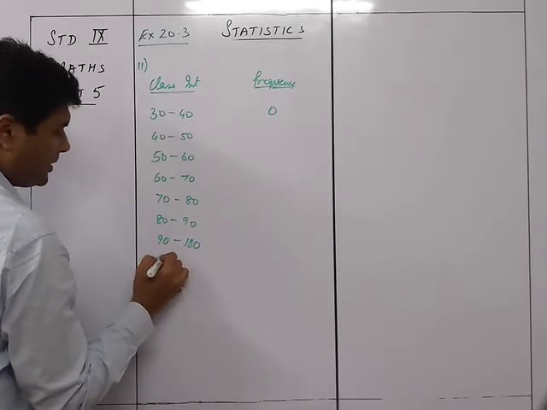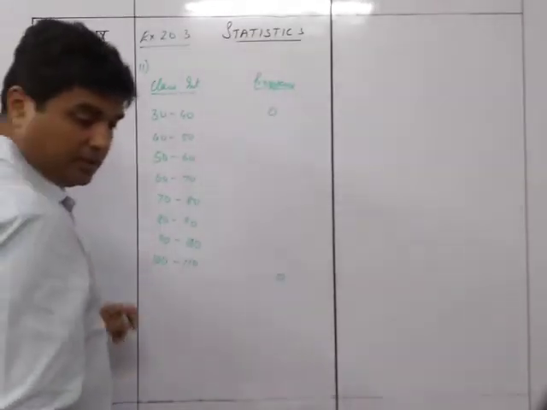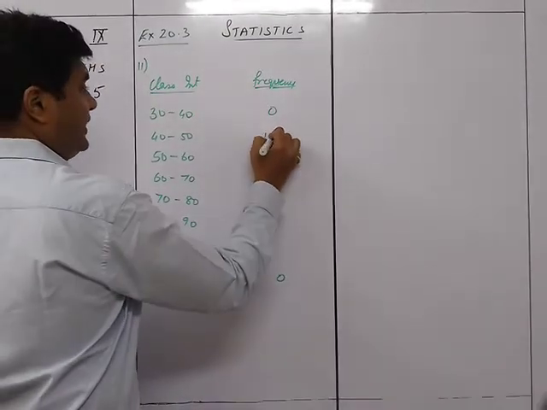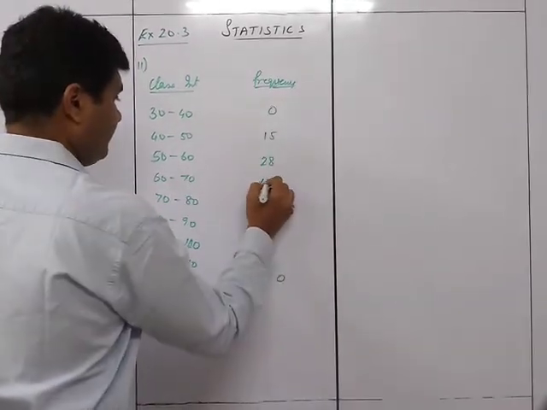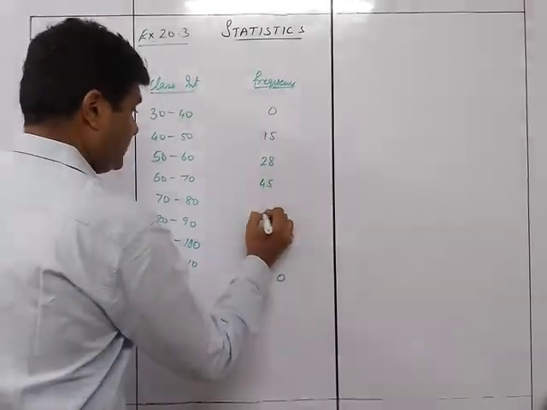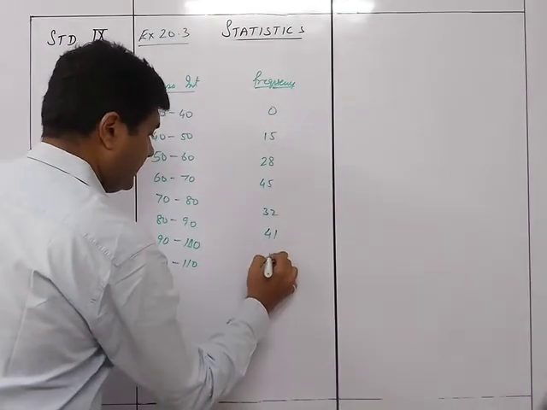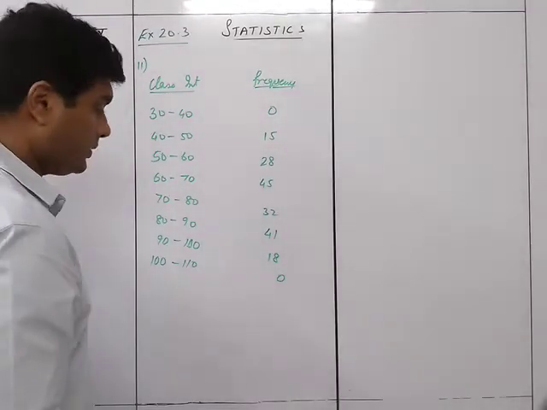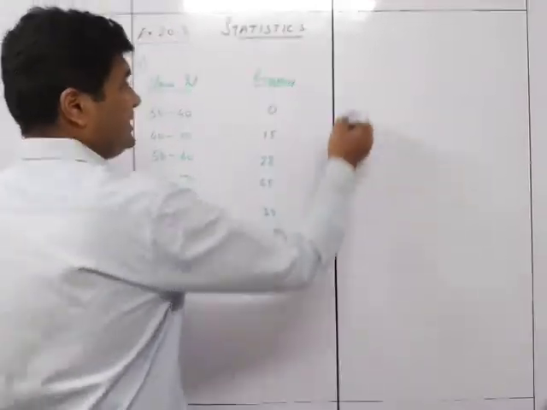But I'll go from 100 to 110 also, which will be 0. The frequencies given to us are 15, 28, 45, 32, 41 and 18. Okay. So now what we draw is the frequency polygon.